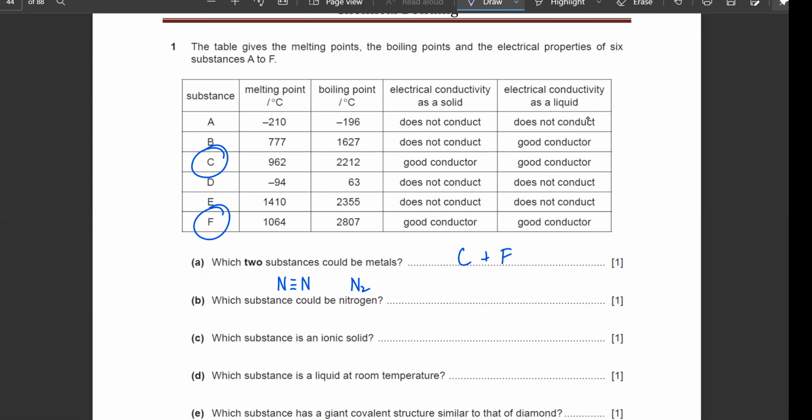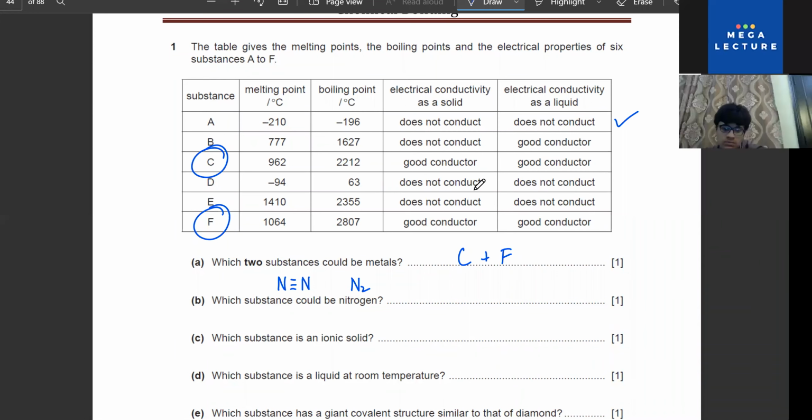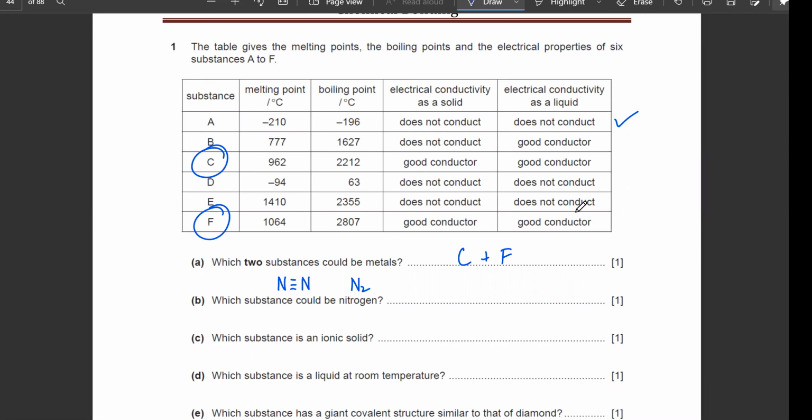So that is a covalent compound, right? The first one. And then you have this as well. Does not conduct, right? So that's also a covalent compound. And this one is also a covalent compound.